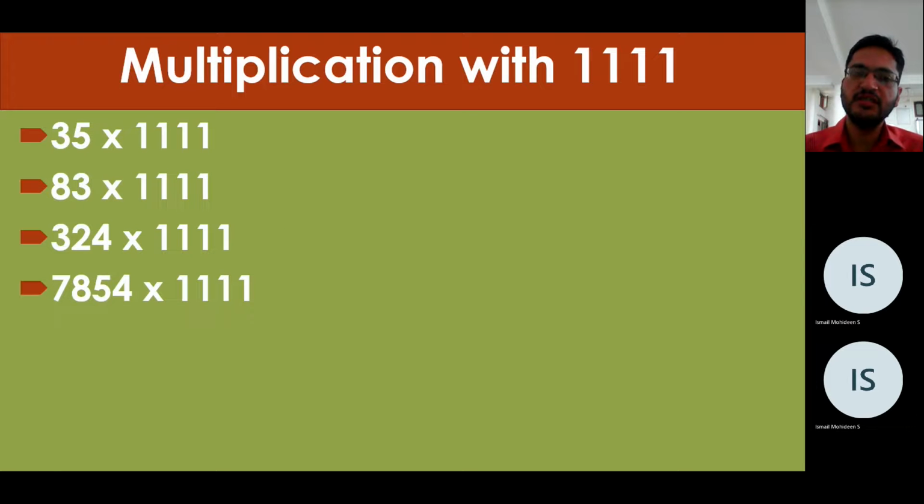Now the same procedure when we multiply with 4 ones. Here we have 4 ones, so we will write 3 zeros in the last and 3 zeros in the first. So now we will add 4 digits. We will make a pair of 4 digits and we will add these numbers. Now 5, next pair is 8, next pair of 4 numbers, again we will get 8, next again we will get 8, next we will get 3.